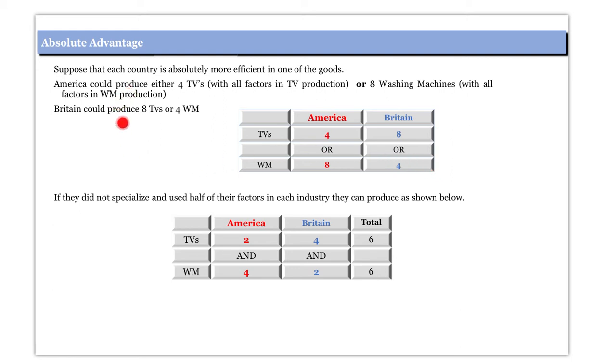If they don't specialize, then they could put half of the factors in televisions, half in washing machines, and so America would produce 2 televisions, that's half of the 4, and they could produce 4 washing machines, that's half of the 8. Britain could produce 4 televisions, half of this 8, or they could produce 2 washing machines down here. So if they don't specialize, this is what would happen when they go half of the factors in TVs and half in washing machines. It's easier to see that on the next slide.